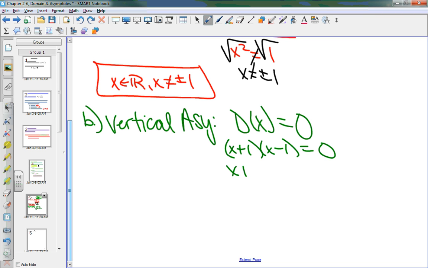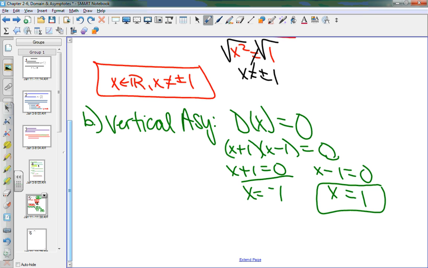And now I have my two lovely little solutions, and yes, I'm showing all my work even though it's killing me right now. Here are my two vertical asymptotes. Why did they turn out to be exactly the same thing as the domain?